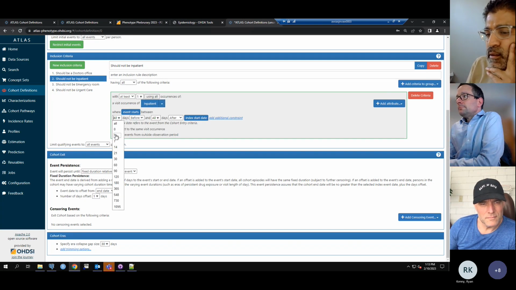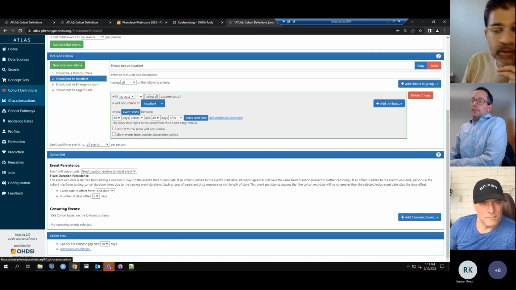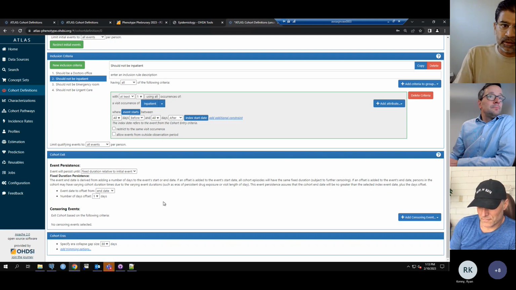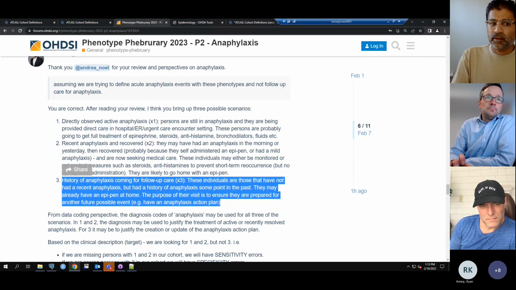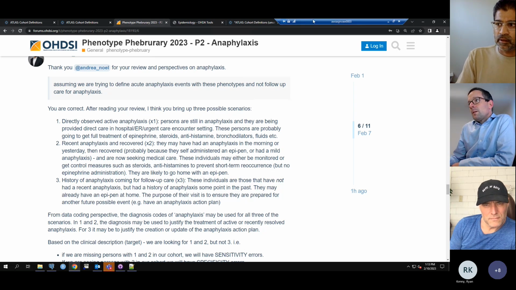One of the issues here is that there is a personal history of anaphylaxis Z code, that would be that group 3 of patients that have had a previous history, but it's not current anaphylaxis. Then the true anaphylaxis code is a T78 code. So there is a code for that group 3 group.